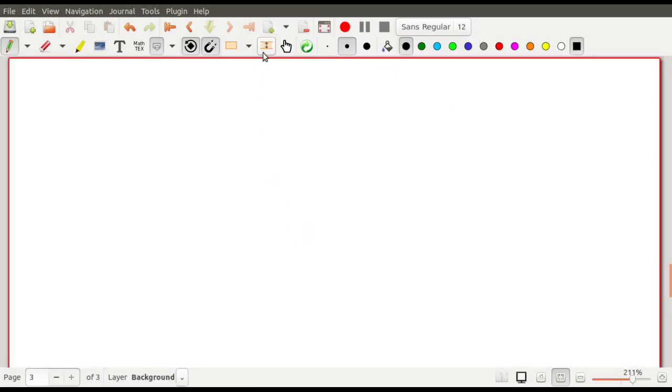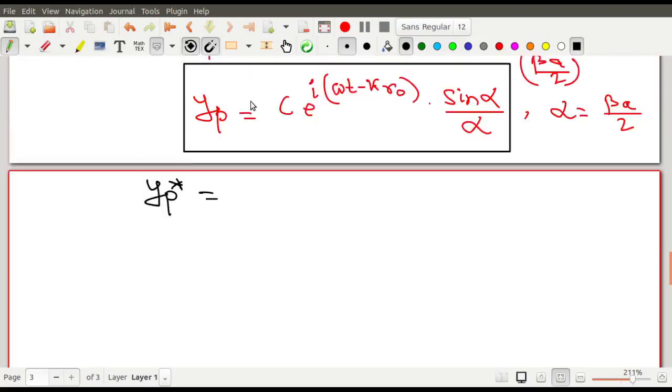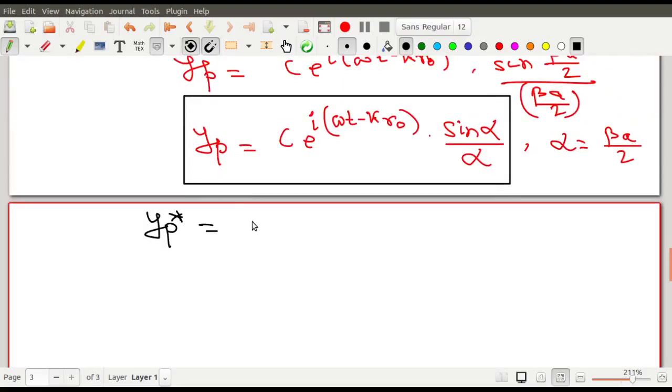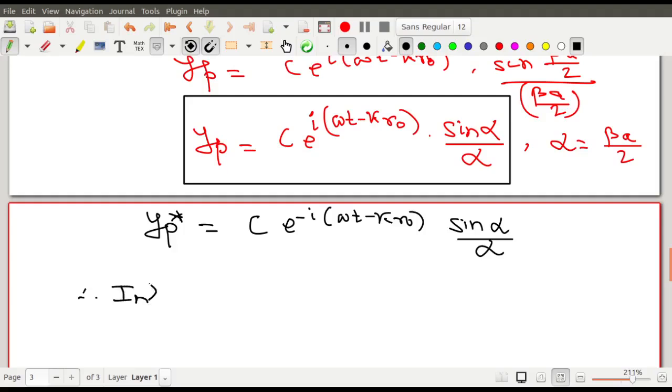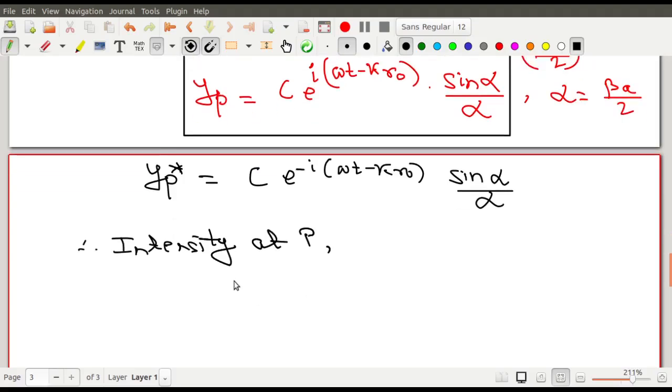So from here let me calculate the conjugate of yp, because finally I need to find the intensity, and intensity is yp yp star. C is a real quantity, so this will become e to the power minus i omega t minus k r0, sine alpha by alpha. Therefore the intensity at the point capital P, what is it?